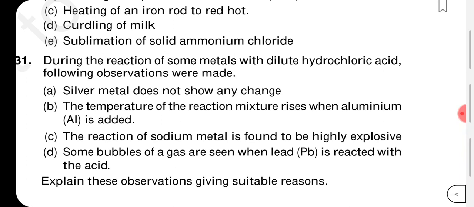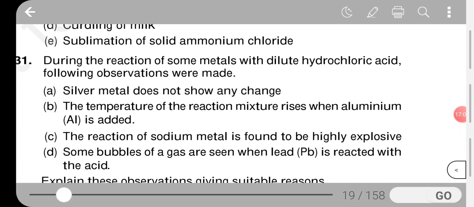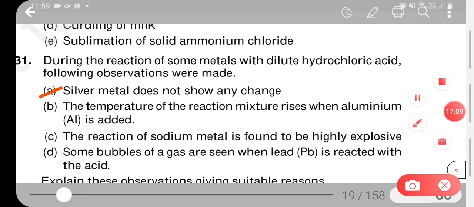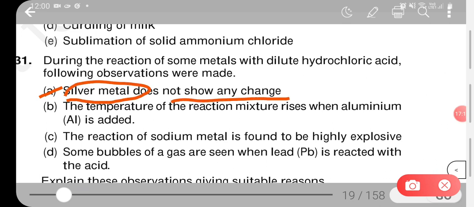So it is quite a lengthy question. I'll explain it in parts. In the first part, silver metal is not showing any change. It tells us that silver is a noble metal. It lies below hydrogen in the reactivity series.